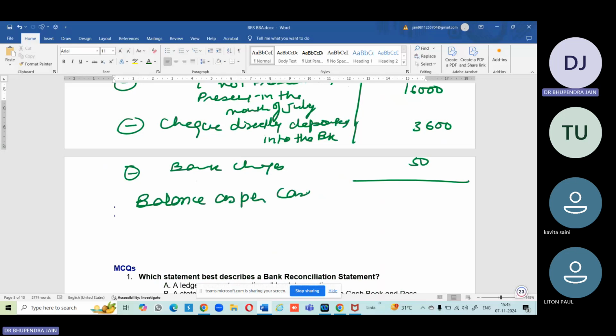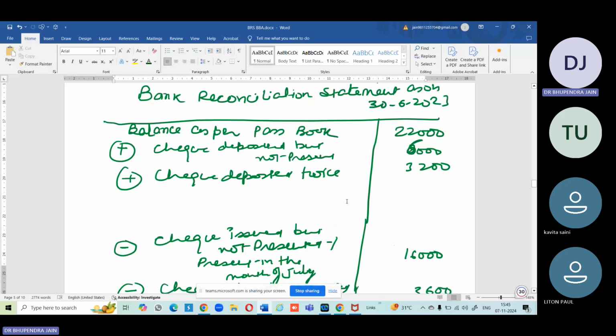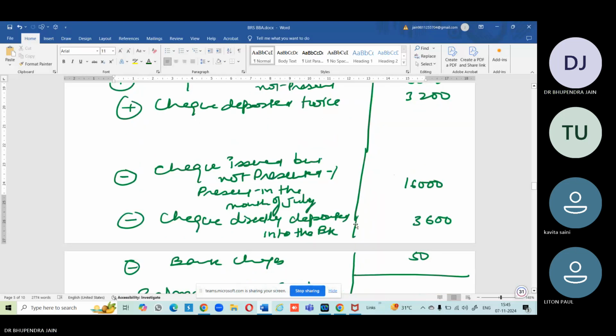Balance as per cash book, because passbook balance is given, then we reach the balance up to cash book. If the cash book balance is given, then we have to calculate the balance as per passbook. Then how to calculate beta? 22,000 plus 6,000 plus 3,200 minus 16,000 minus 3,600 and minus 50.